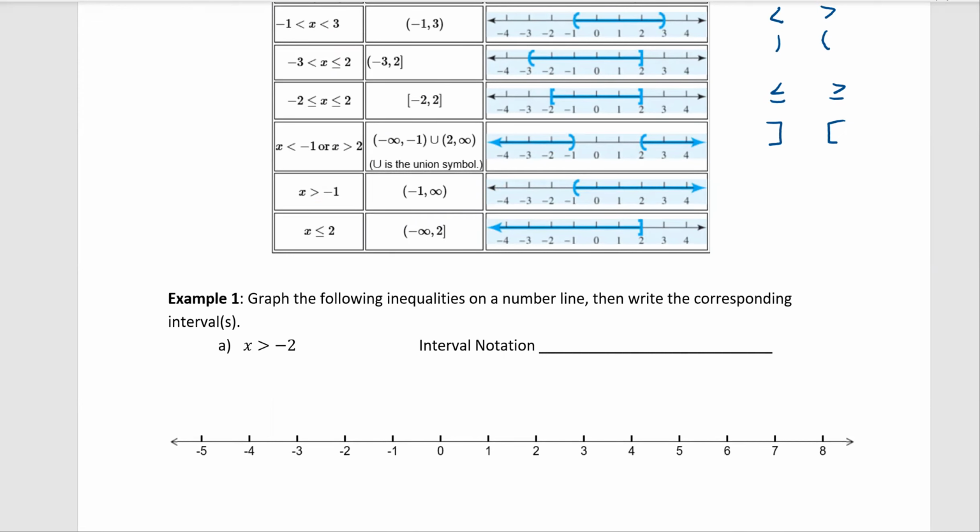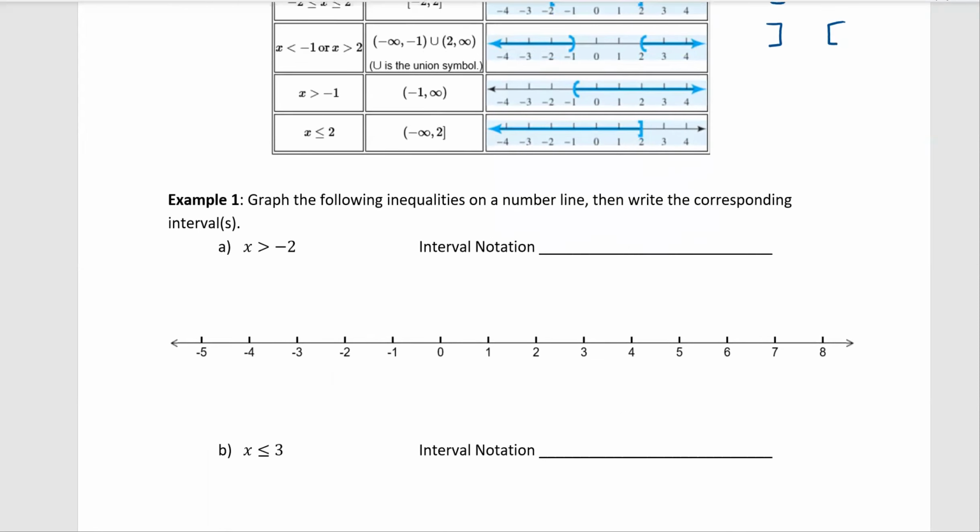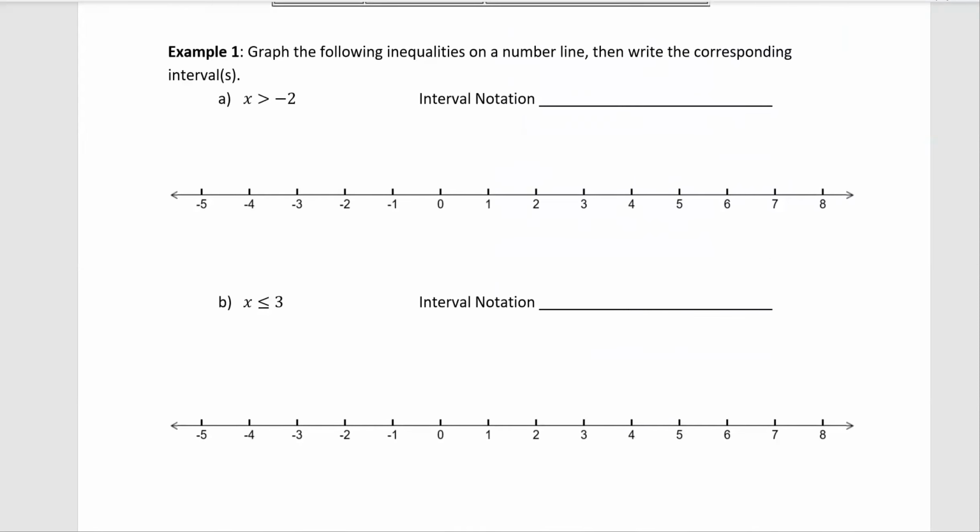Example 1. Graph the following inequalities on a number line, then write the corresponding intervals. So if we have x is greater than -2, we are going to put a parenthesis on -2.